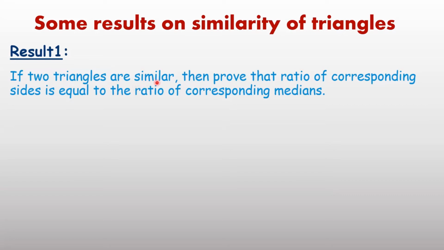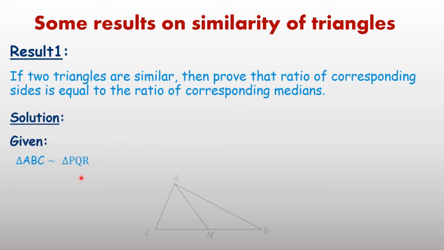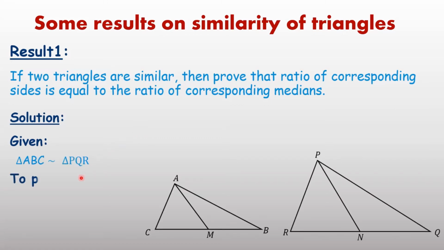The first result is: if two triangles are similar, then the ratio of corresponding sides is equal to the ratio of corresponding medians. Given part, triangle ABC is similar to triangle PQR, and we have to prove the ratio of corresponding sides equals the ratio of corresponding medians, meaning AB upon PQ equals BC upon QR equals CA upon RP equals AM upon PN.